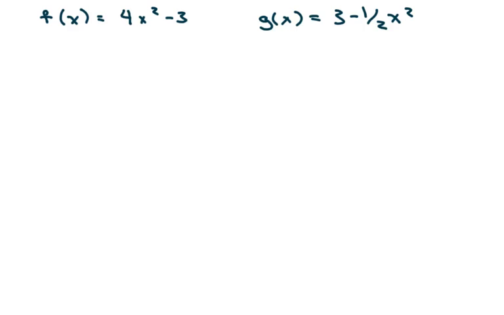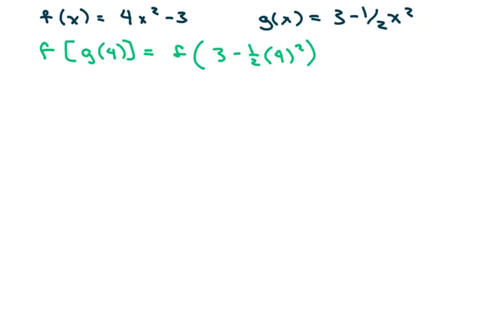And the first thing we want to do is f of g of 4. So you do your inner function first, which gives you f of 3 minus 1/2 of 4 squared, which is 3 minus 8, which is negative 5.